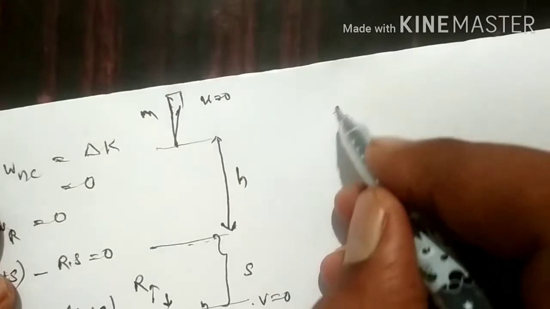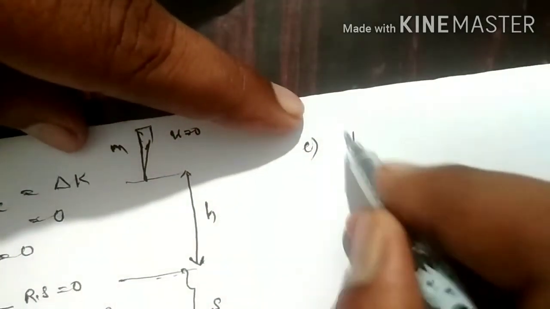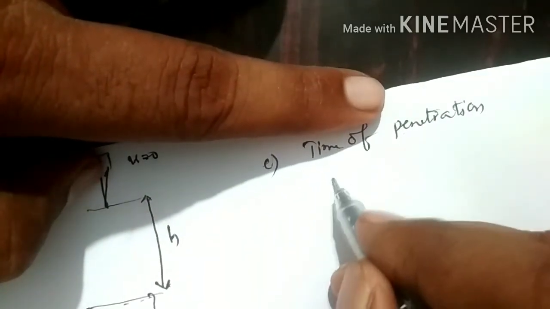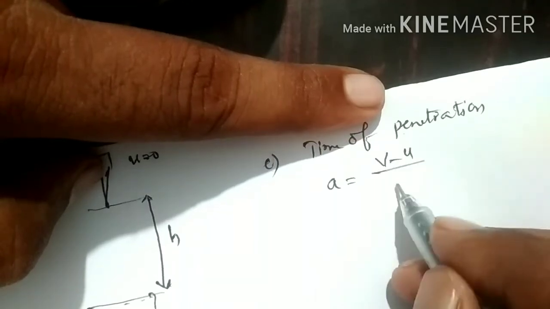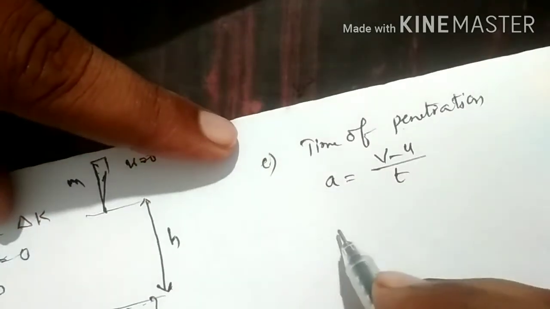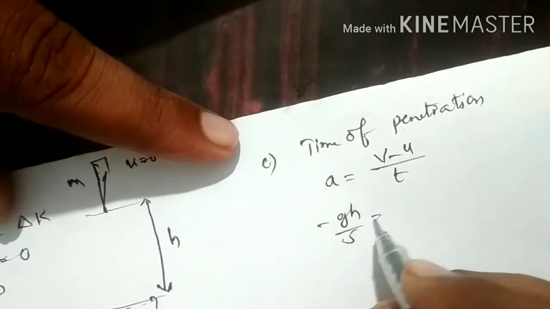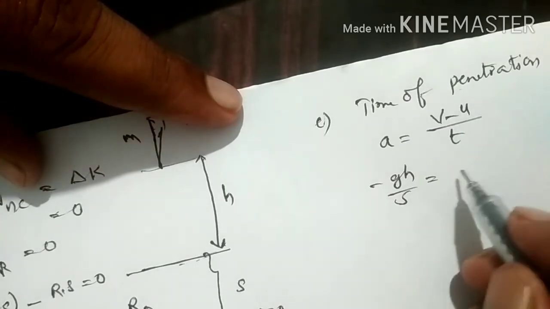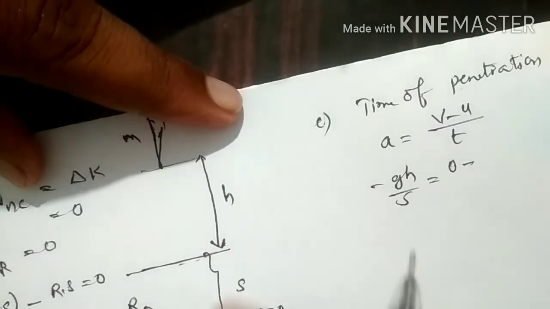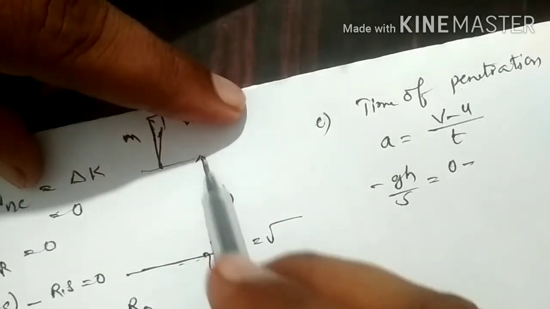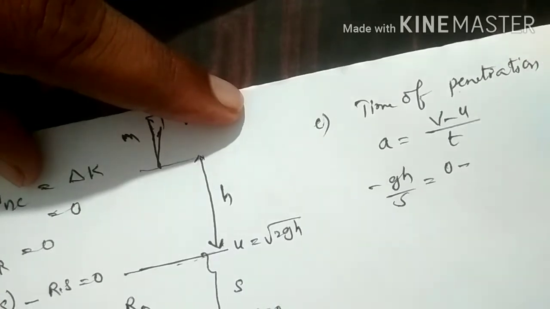Third one, the time of penetration. What is the time of penetration? Retardation is equal to final velocity minus initial velocity by time. We calculated the retardation as minus gh by s. After striking the ground, the downward journey ends with final velocity 0. What is the initial velocity here? It is falling freely for a height of h, so it is root 2 gh.